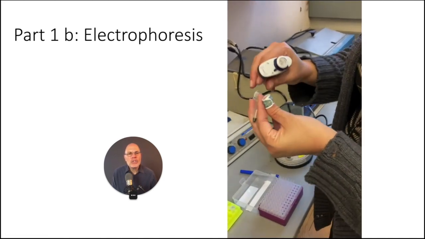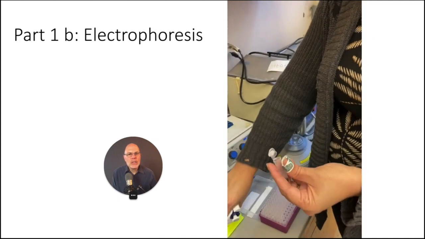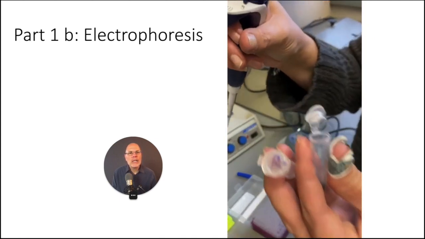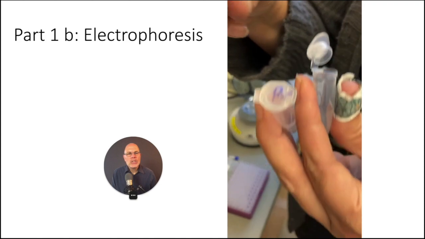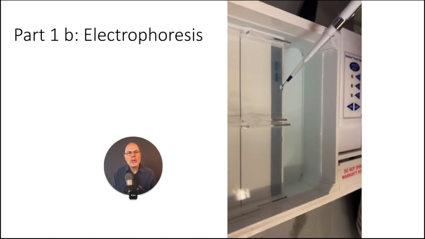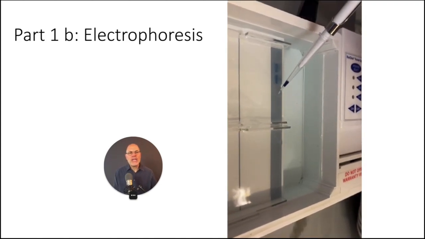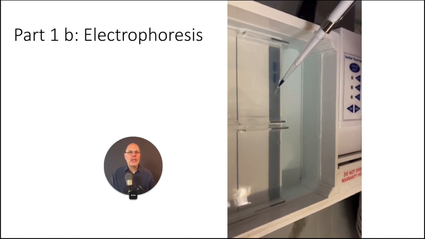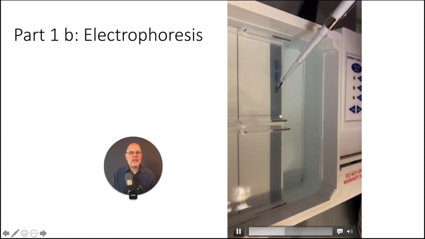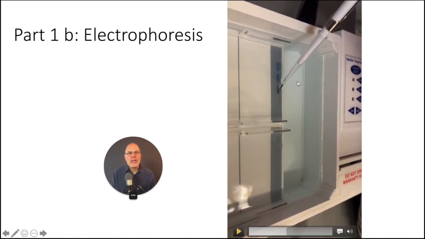So now she's taking the tube and she's got loading dye. Okay, so what's happening here is she's now, in this sideways view, adding some of our plasmid with enzyme to one of the three wells.